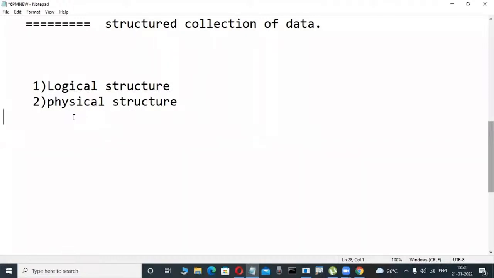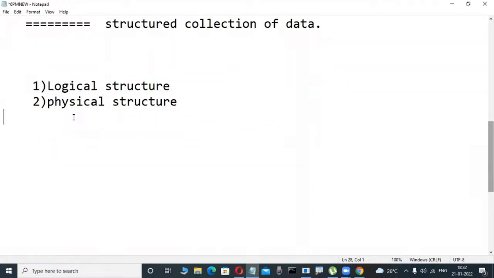We are all basic level programmers. In which structure are we all working, in Oracle or SQL or MySQL? Very good, logical structure. Some fellows are telling logical structure only. What is that logical structure?